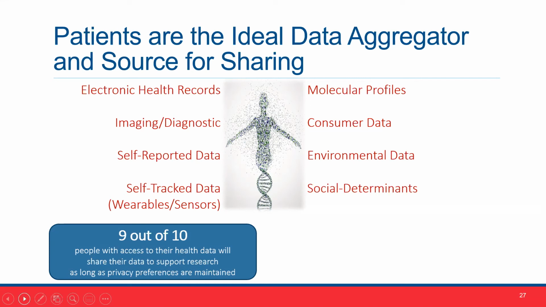Because while we as researchers can turn to different aggregated data sources and try our best to make privacy preserving connections across those data sets to learn as much as we can about individuals, in fact, the best way to get the most diverse data about an individual is through the individual themselves, and to do so in a permissioned way by actively engaging with people rather than focusing as much as we do in the research community today upon aggregated data sources that don't include the patient in the process, whether it's molecular data, imaging data, self-reported social determinants of health, and so on. The patient is the best source.